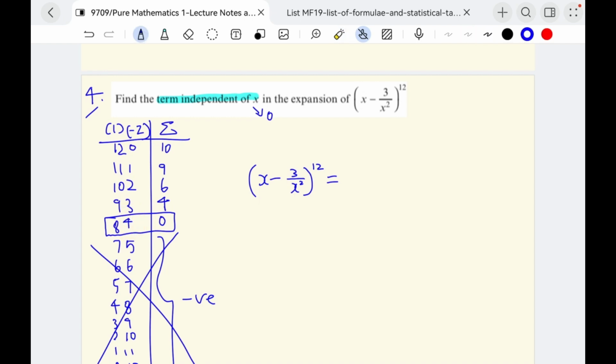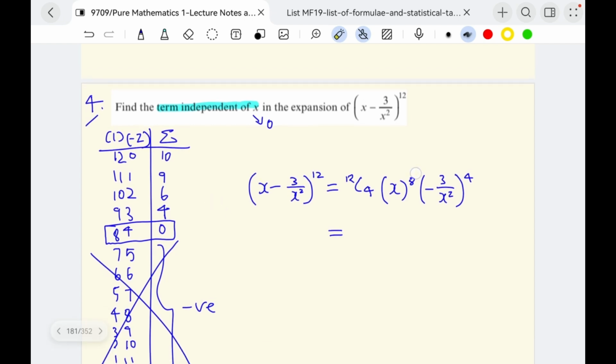So it's 4. 12C4 times x to the power of 8 times the bracket of negative 3 over x squared to the power of 4. As I told you before, the sum of the first degree and the second degree must get the total degree inside the expansion bracket.